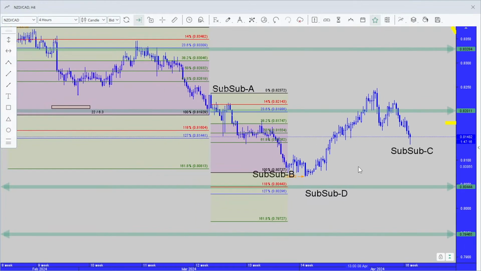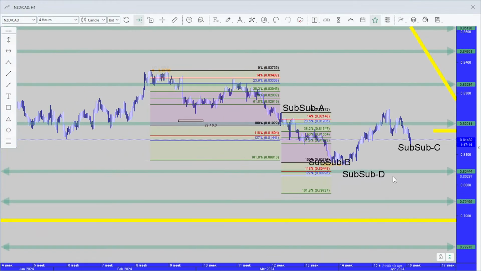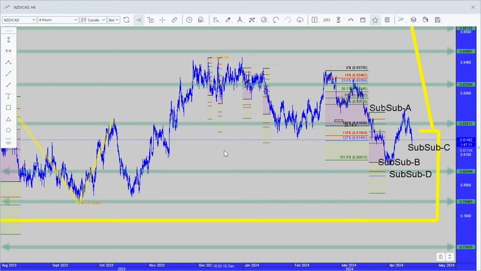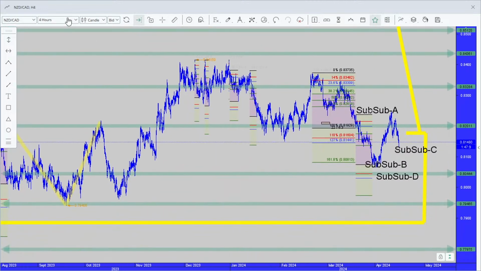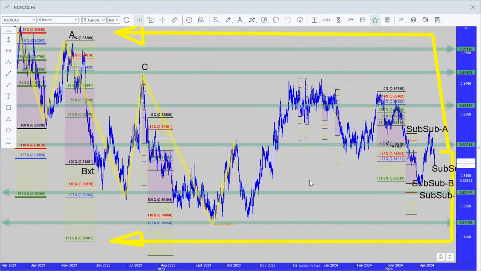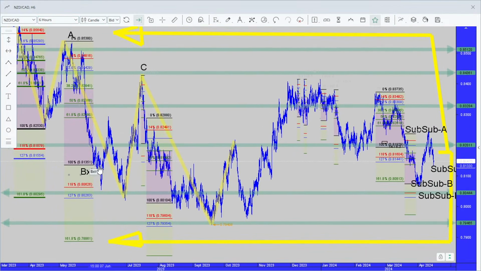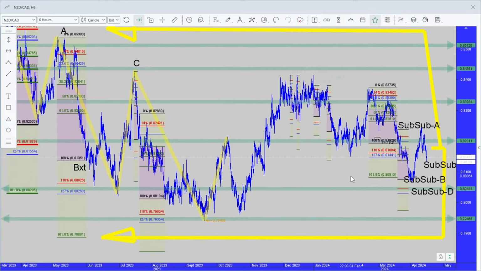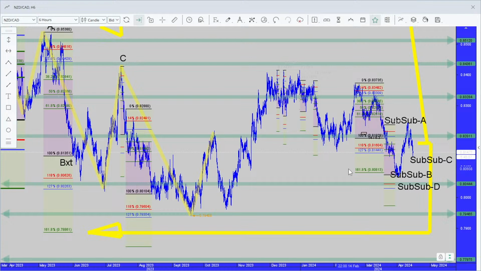So talking about shorting ends the decade, everybody. And again, I'm going to go on the 6-hour chart just for you to see spatially. You know, the original Fibonacci is here, capital A, capital B, capital C. All right. Now the market is pushing down.